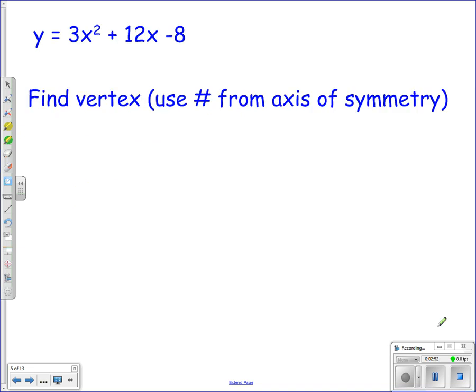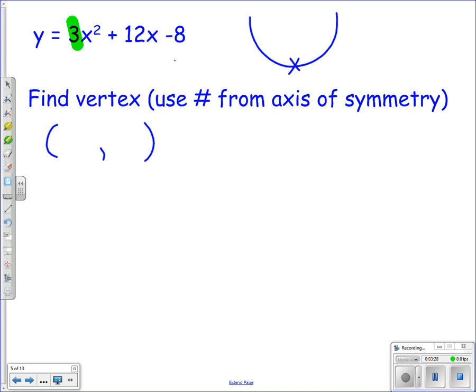We're next going to find the vertex of our equation. Notice I kept the exact same equation that we had before. And the vertex is an xy pair that will be on the end of our parabola. And since this parabola opens up, we're going to have a vertex down here at the very bottom of our parabola, and that's an xy pair that we have to find.